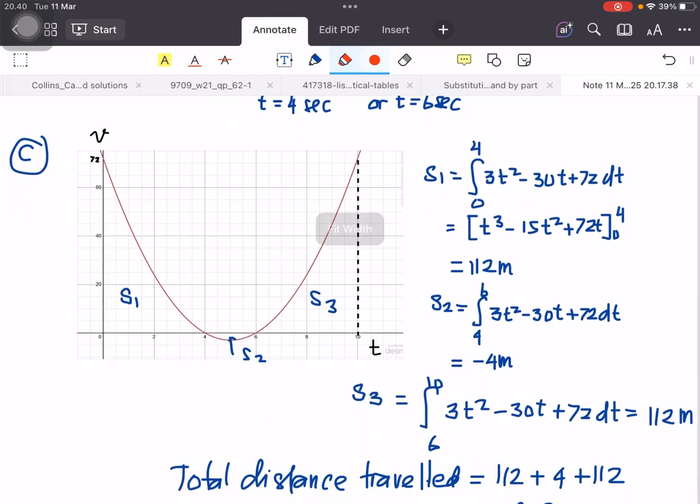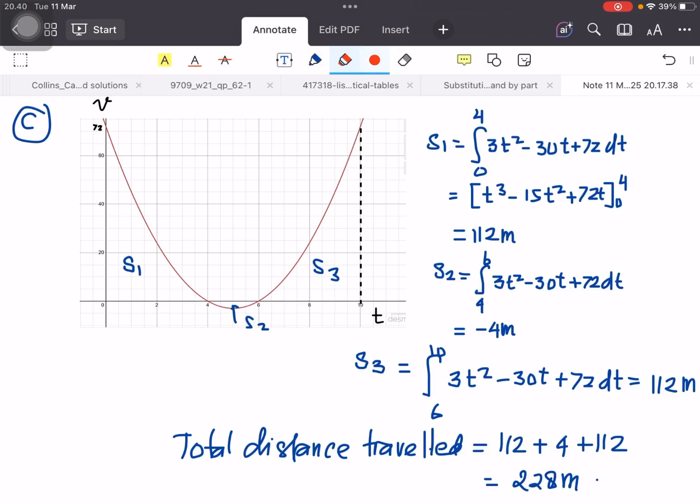And then for S2, do the same integration, but the lower limit will be 4 and the upper limit is 6, and we can find that S2 is negative 4 meters. It is obvious because this part of the graph is below the horizontal axis. That's why the area is negative.